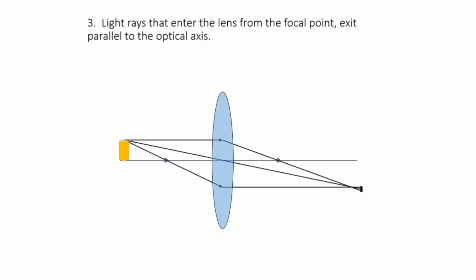Now according to the third law, light rays that enter the lens from the focal point exit parallel to the optical axis. This is the third ray, parallel to the optical axis. This ray is according to thin lens law 1, this one according to thin lens law second, and this one according to thin lens law third.